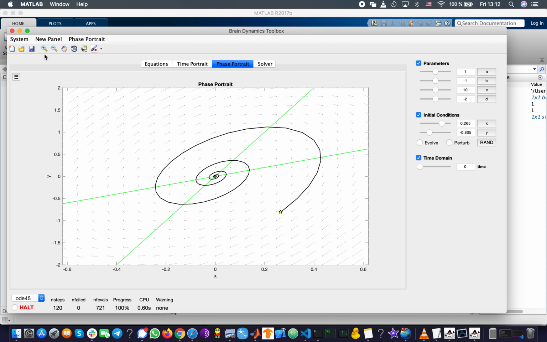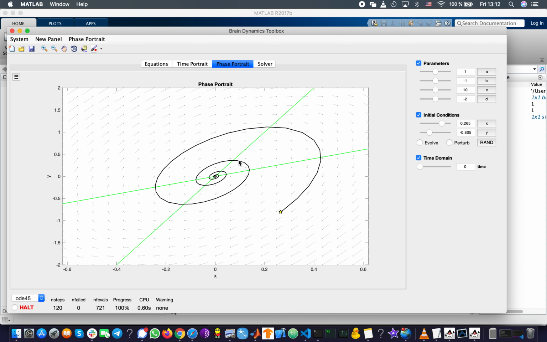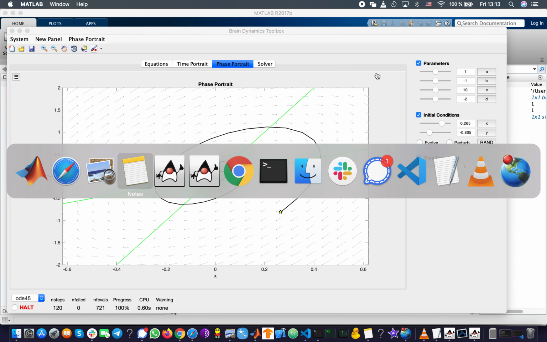And in your time portrait, you also see a kind of damping and converging to a fixed point if your spiral is stable, and if it is unstable, it is spiraling out. So this is the choice of A and D, which we talked about here.